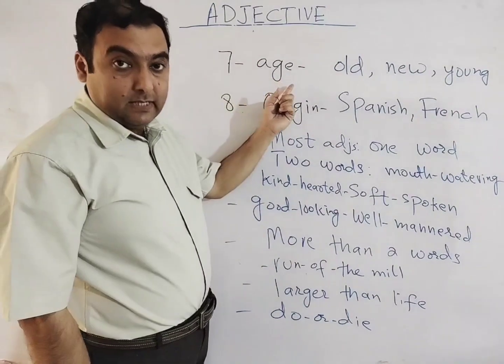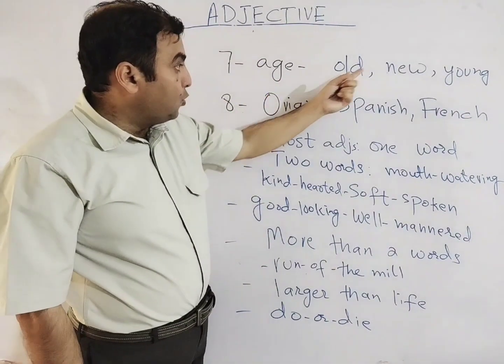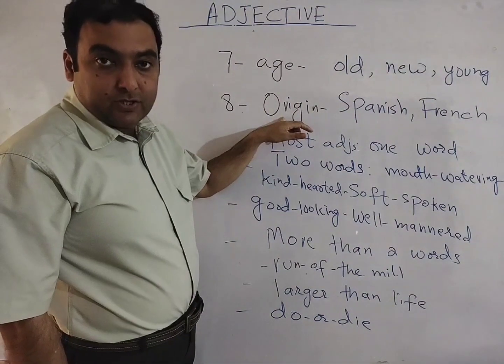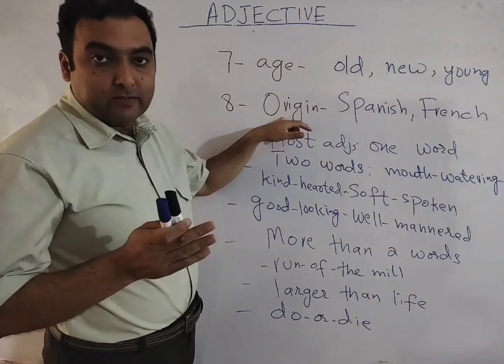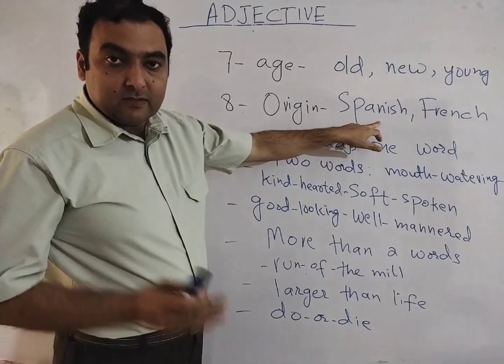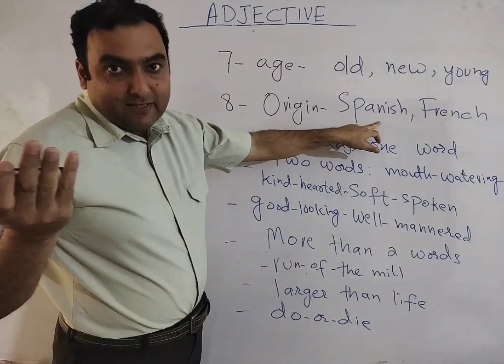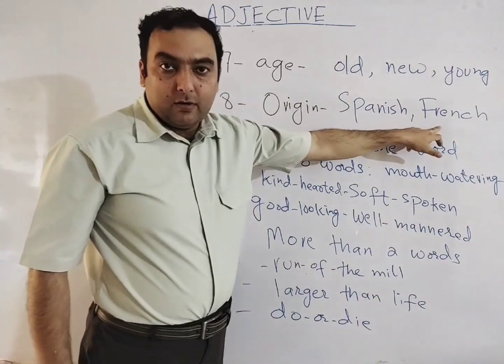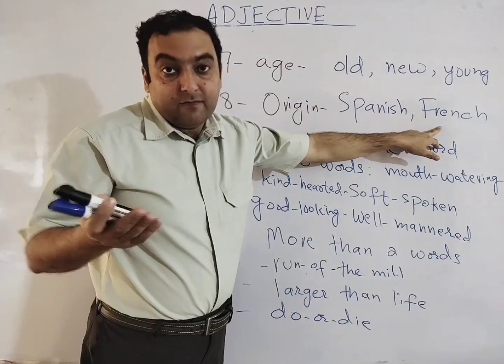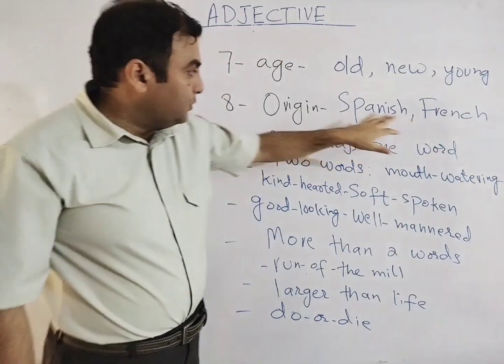Adjectives can also tell us about age, old, new, young. Origin means where something or someone is from, like Spanish. If I say Spanish omelette, or French cities, or French people. So origin.